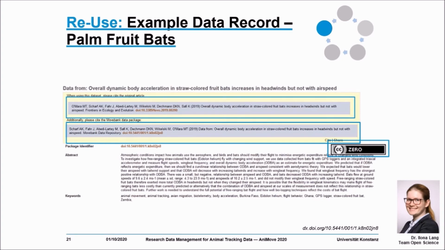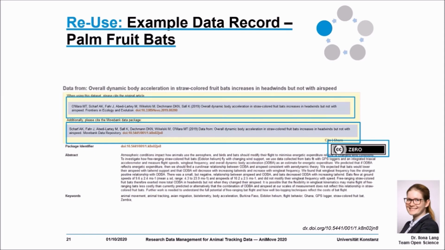Under the citation recommendation, in the blue boxes, you can see the DOI, which is a permanent link to this website on the Movebank data repository. If this site would change and move to another location, the address of the DOI is updated so it always points to the right location. On the right side, you can see the license of the dataset. As mentioned, every content is published under CC0, which is indicated here.